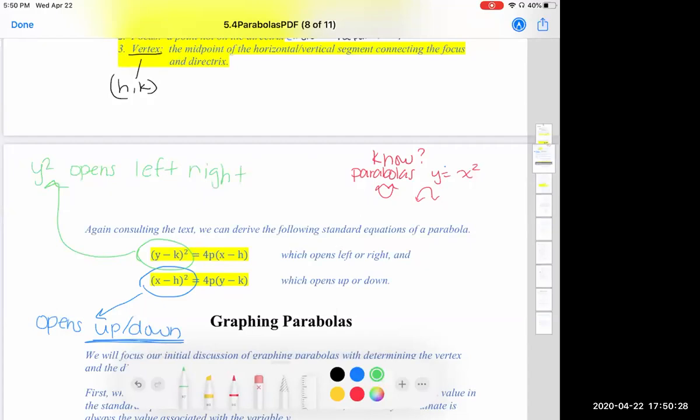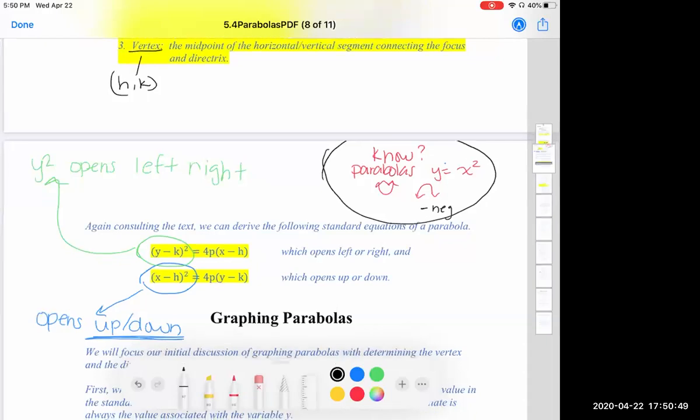How do you know whether it opens left or right? Well, same way. When you looked at your parabola, how did you know when it opened up or down? You had a negative for when it opened down, and when it opened up, there was an absence of a negative. So same idea. We have to look for that negative and that positive.